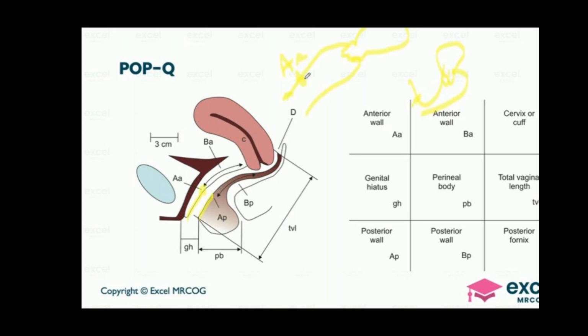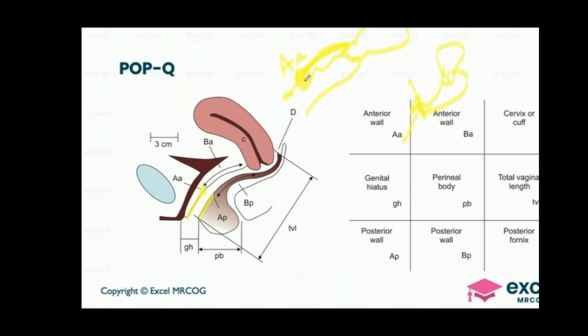BA, on the other hand, is the most distal point when there is a prolapse. When there is no prolapse, the most distal point in this area is the same as A. Distal is the lowermost point.